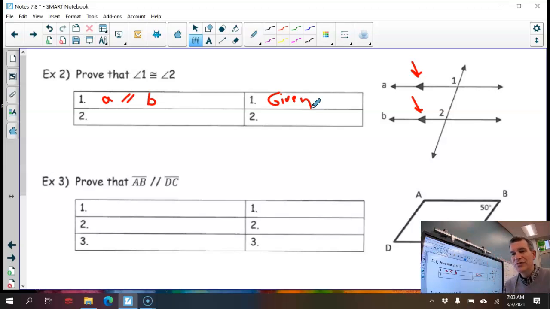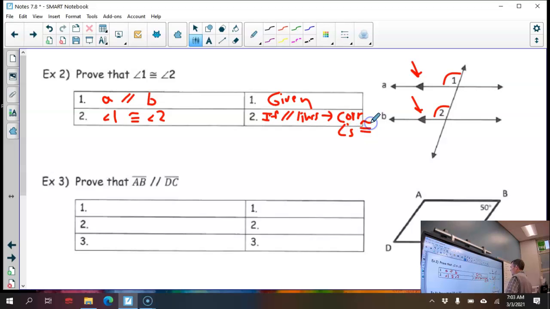So does that allow me to conclude that angle 1 is congruent to angle 2? Well, of course it does. Do you know what theorem that is? Let's see. These two angles are corresponding angles. So the way I like you to do it is, if parallel lines, then corresponding angles congruent.